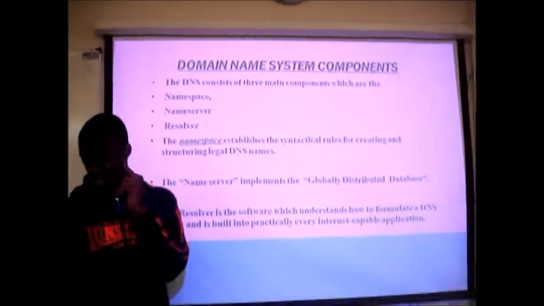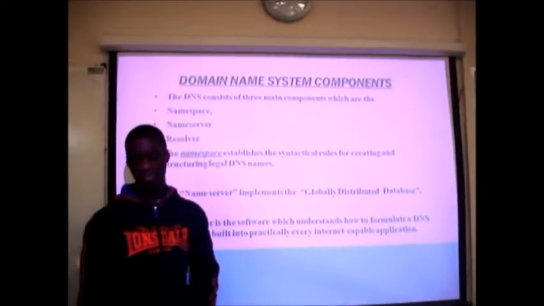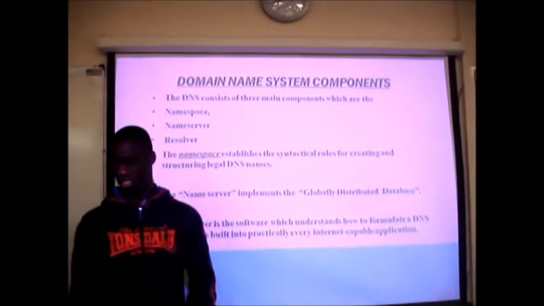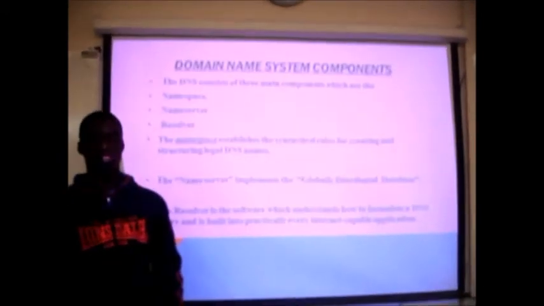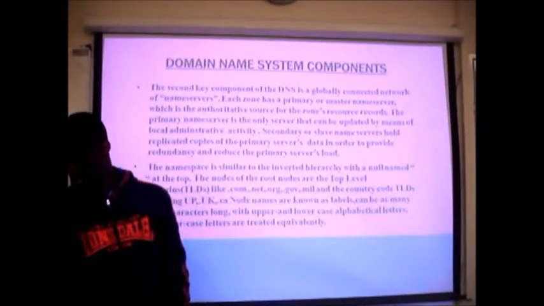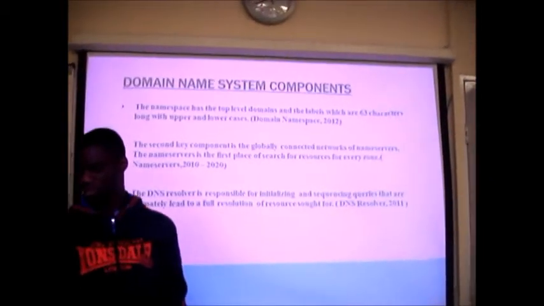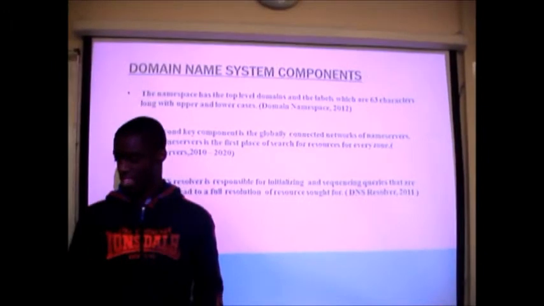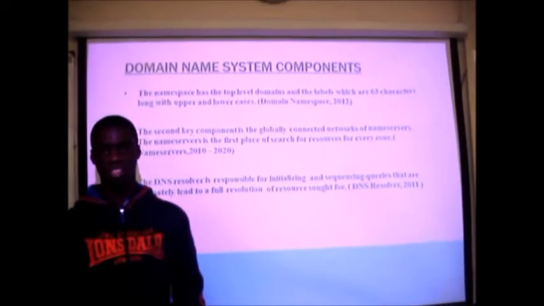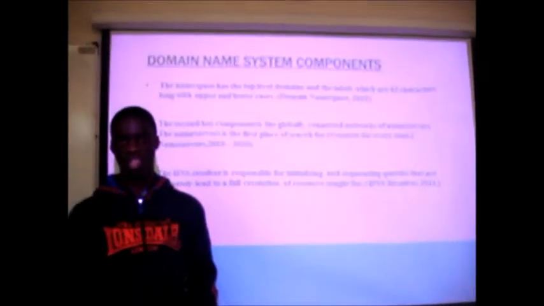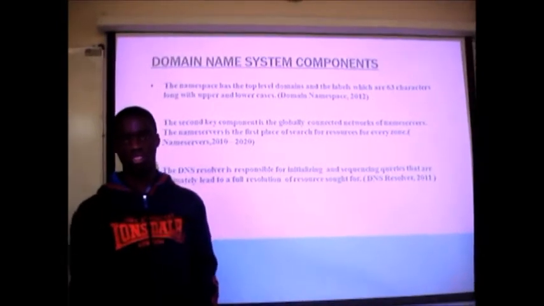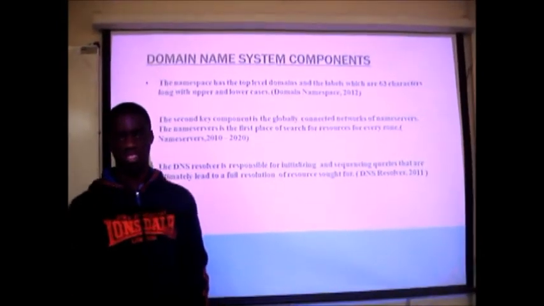To talk about the domain name components, we have the namespace, the name server, and the resolver. What the namespace does is that it has the top level domain names and the labels, which take up a character size of 63.